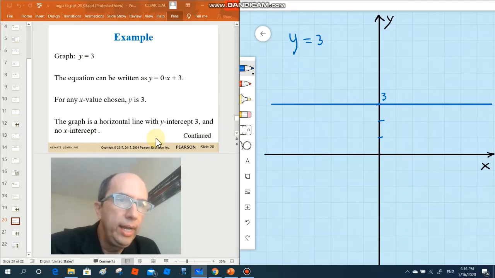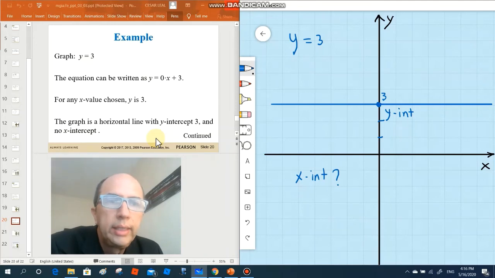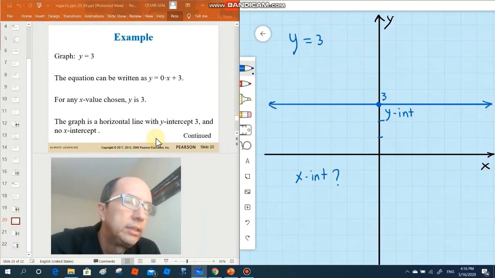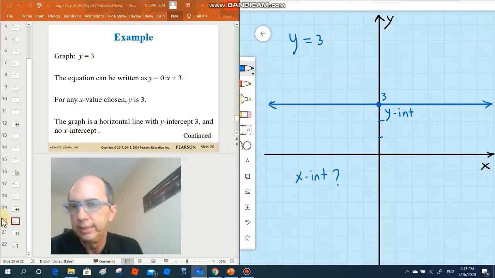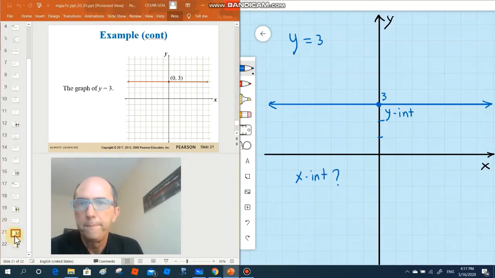The y-intercept is here. And what about the x-intercept? There's no x-intercept, right? Because they are parallel. This line here is parallel to the x-axis, and there's no intersection with the x-axis. Okay?